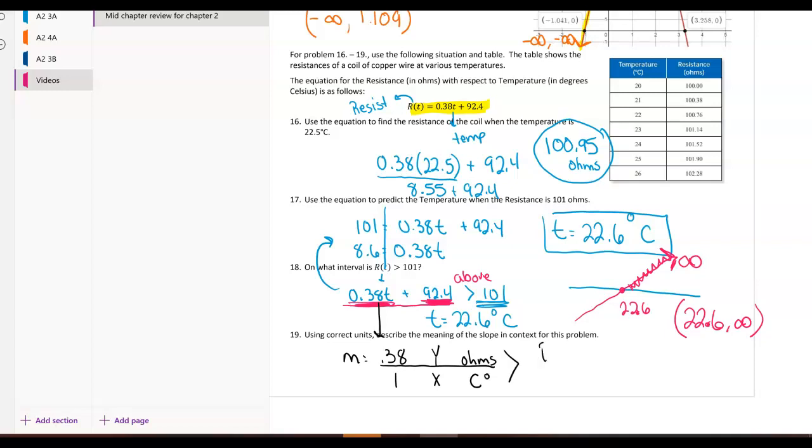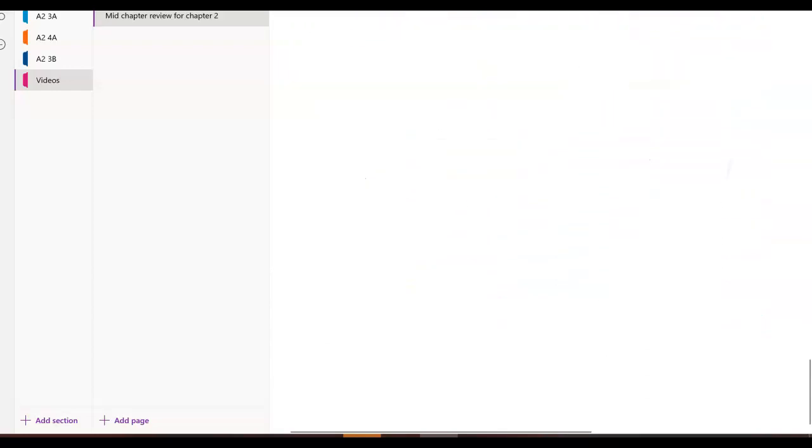So I would say the resistance increases because I have a positive value, 0.38 ohms every 1 degree Celsius.